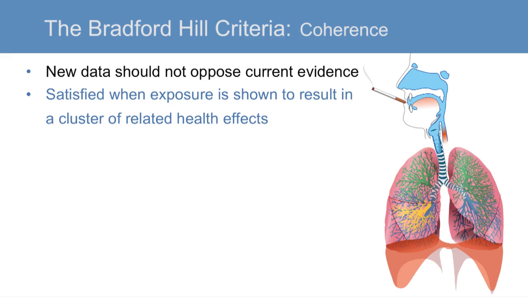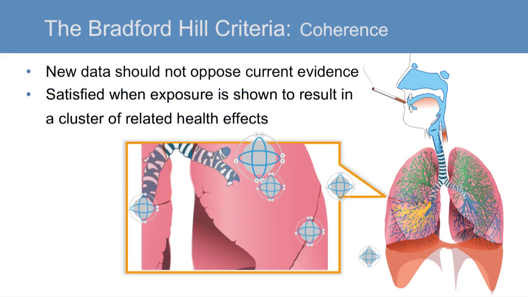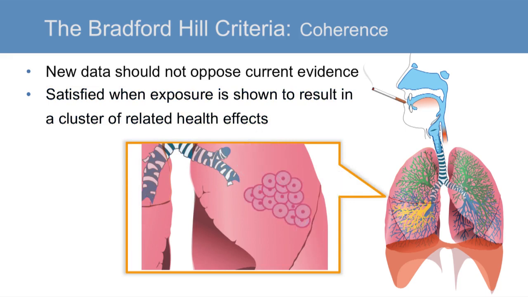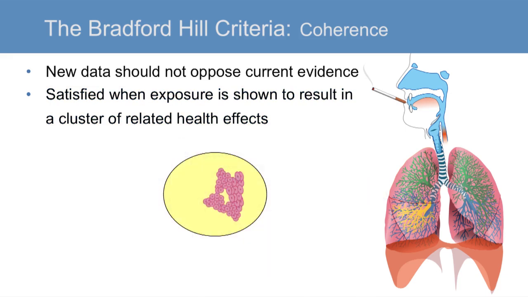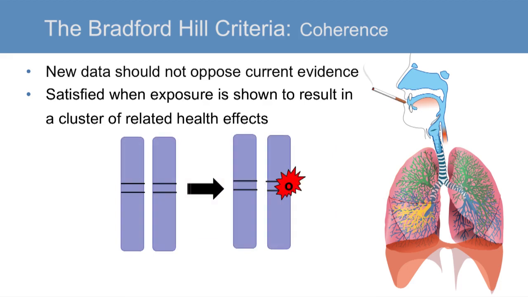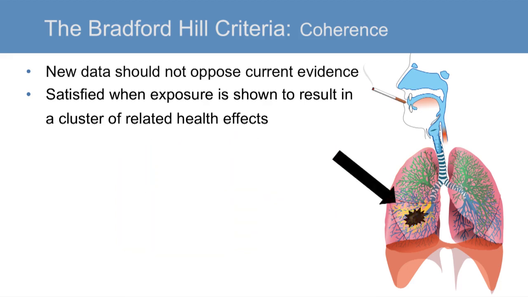As an example of a cluster of related health events, consider that smoking causes inflammation of the respiratory tract, release of damaging free radicals, conversion of cells to pre-neoplastic states, transformation of cultured cells to cancer, activation of oncogenes, and lung cancer in humans.